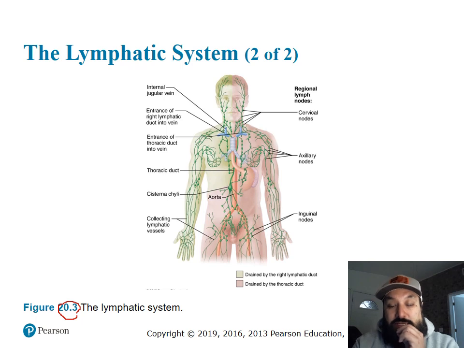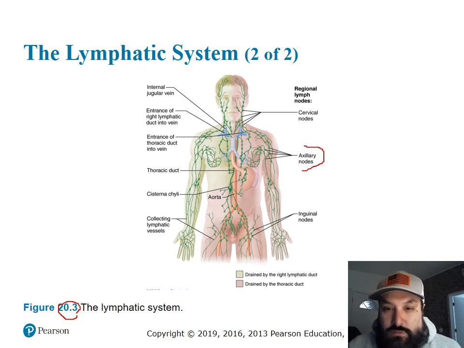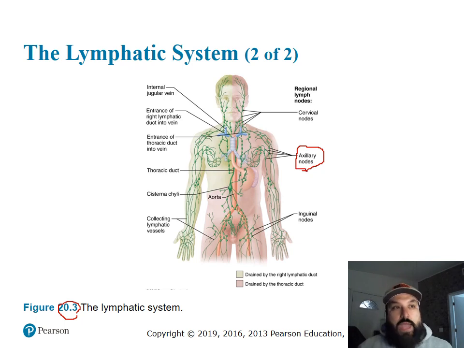There are a lot of collections of lymph nodes, and a collection of lymph nodes really close together, we usually name for the region. So let me point this one out to you: axillary nodes, where an aggregation of these lymph nodes can be found. The axillary region is a nice way to name the armpit area.